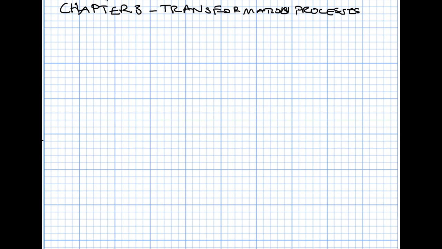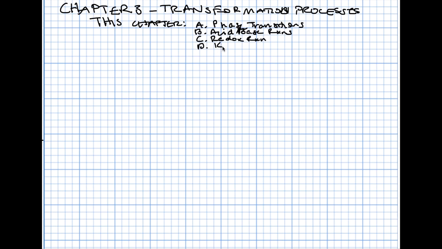The types of transformations that we will be talking about in this chapter include phase transitions, which we will be talking about today, and also Friday. And then we will move on to acid-base reactions, and then redox reactions, and then we'll come back to kinetics.